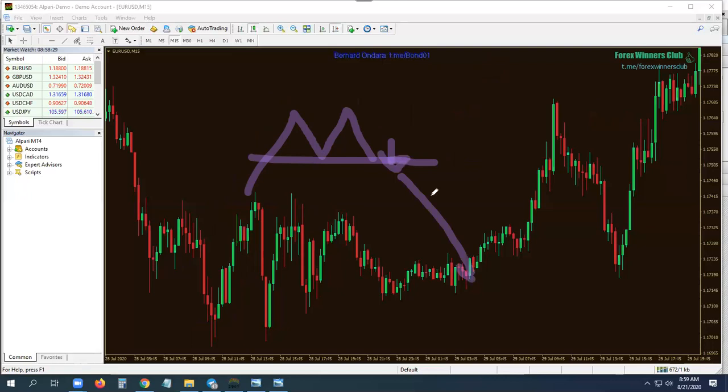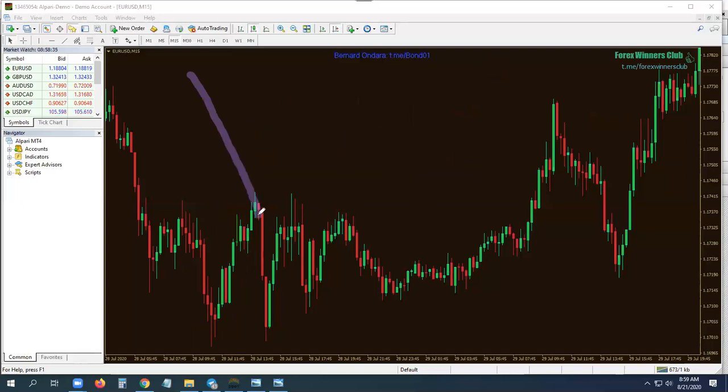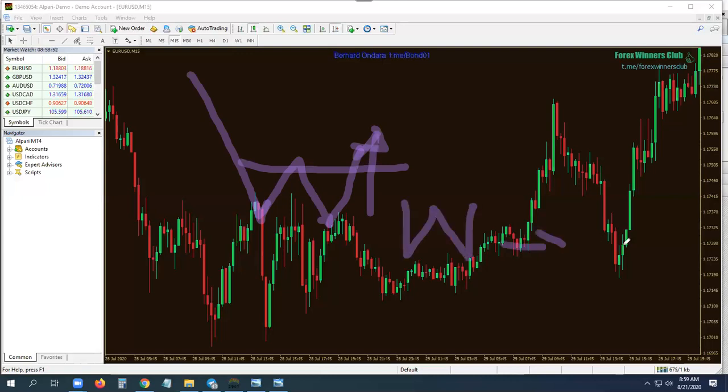The opposite is the market is coming down, makes a low, goes up, makes another low exactly at the same level as the previous one, then goes up. Assumption: if it breaks above this level, it will continue going up. This is a W. The W is a double bottom. Bottom one, bottom two.